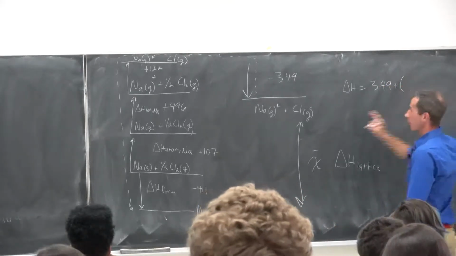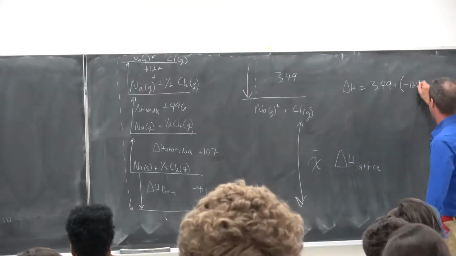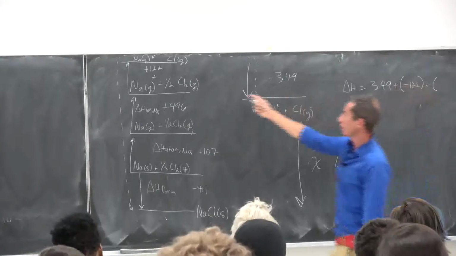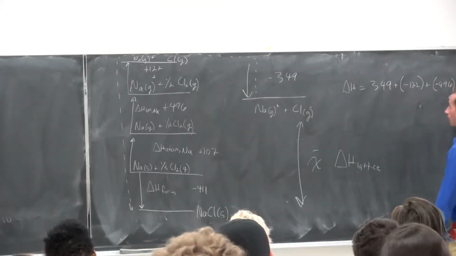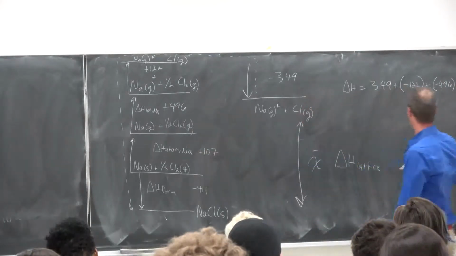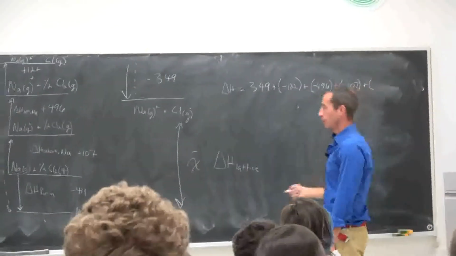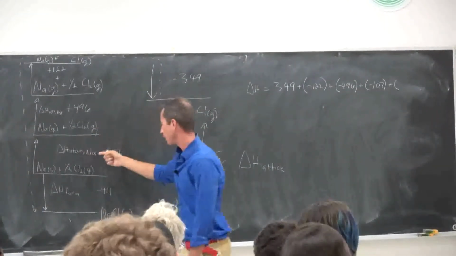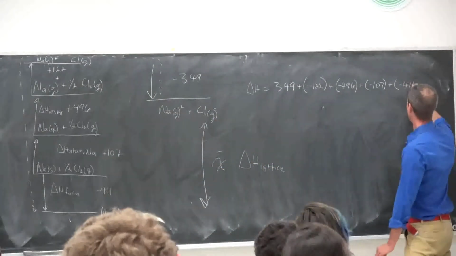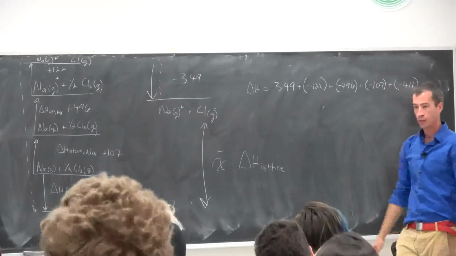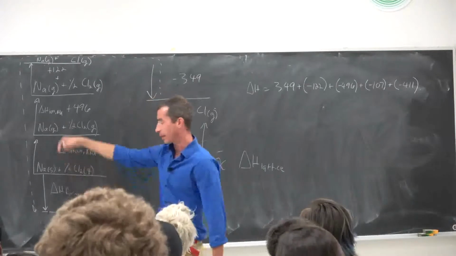Let's just add then a negative 122, a negative 496, a negative 107, and then we're going with this one, so it's negative 411. Because we're going in the same direction.